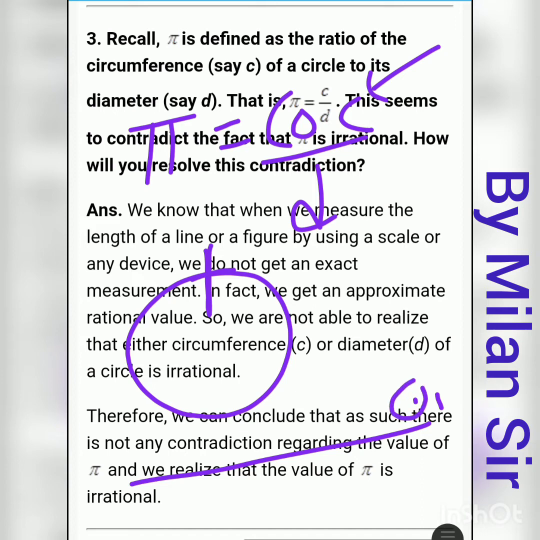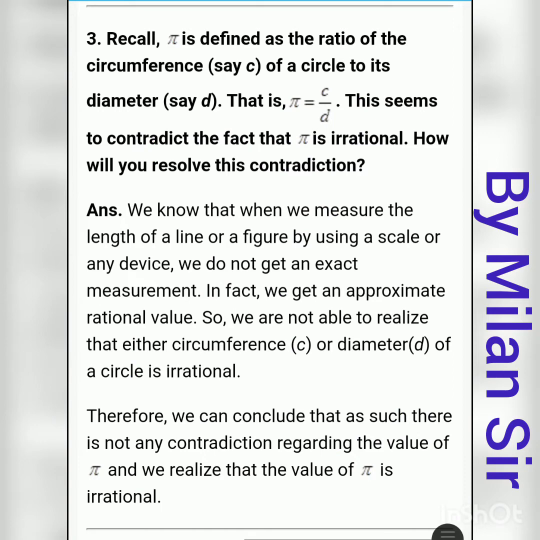If we measure the length in centimeters, between 2 centimeters there are infinite numbers, so we cannot say exactly which value our line has. Even in millimeters, between 2 millimeters there are infinite numbers, so we cannot say the exact value of our line.